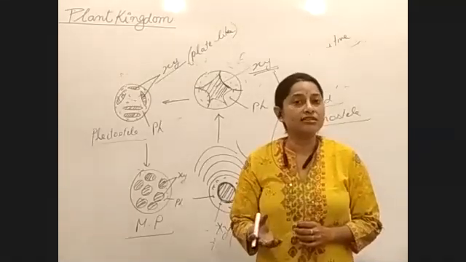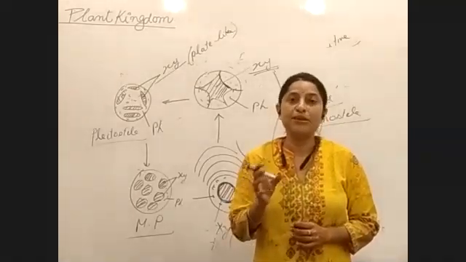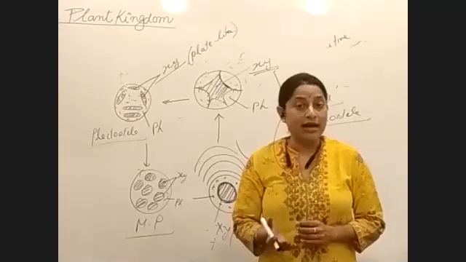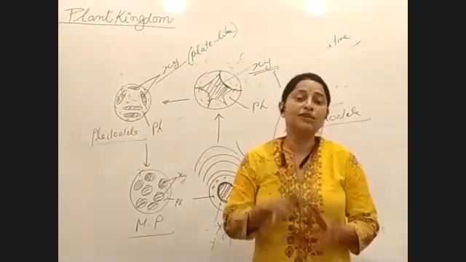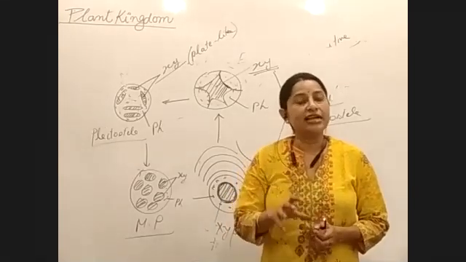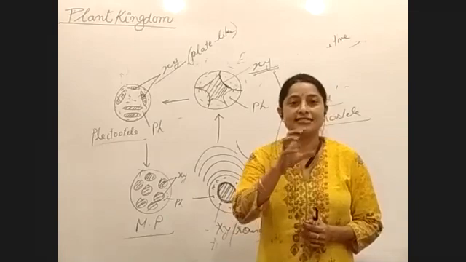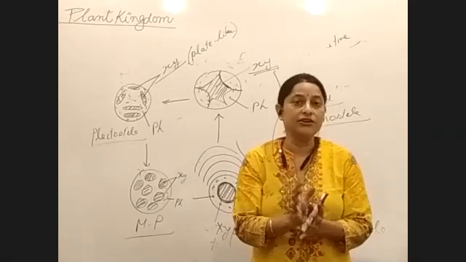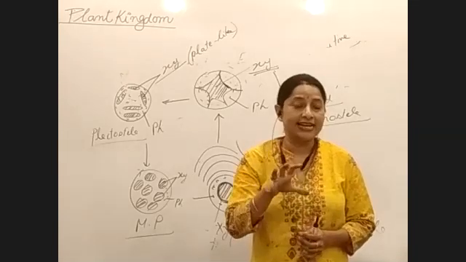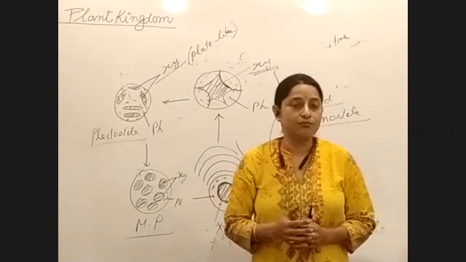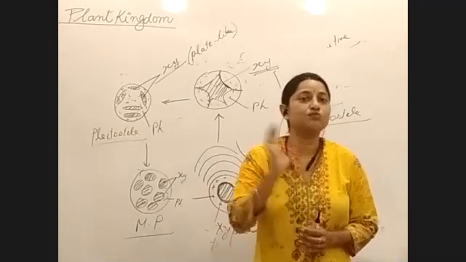Why was it called a solid stele? Because the pith was absent. If the pith was absent in the center, then what was present in the center? The xylem tissues. If the xylem tissues form a cylindrical or round structure, with a lot of xylem stele together in the form of a round structure, that stele is called haplostele, and it is supposed to be the most primitive stele.